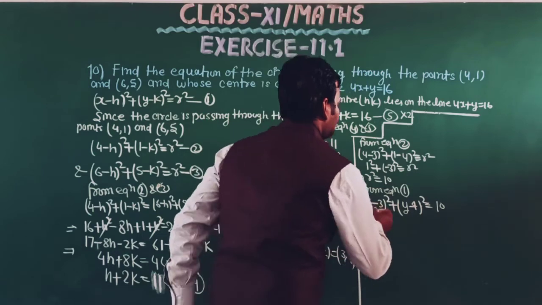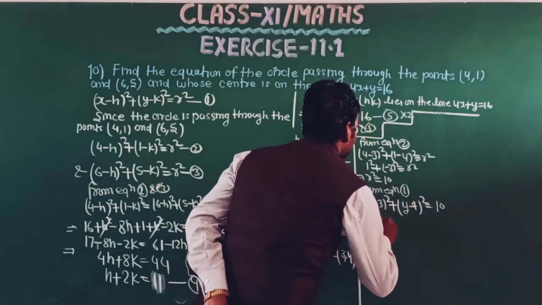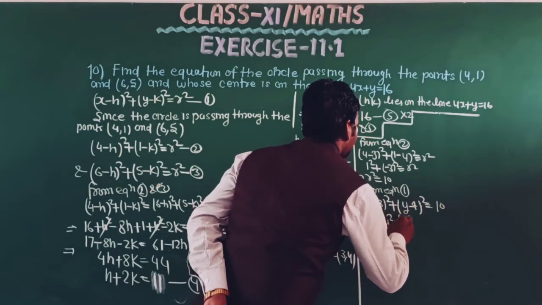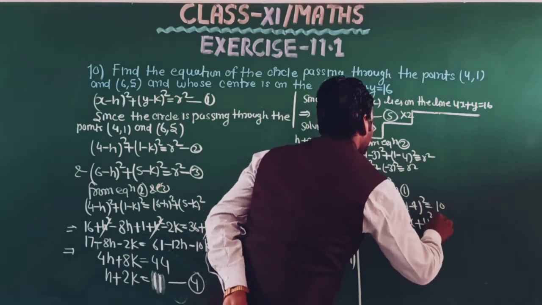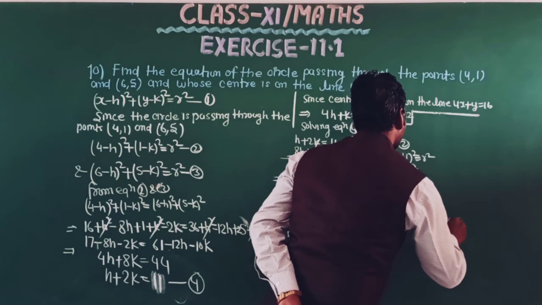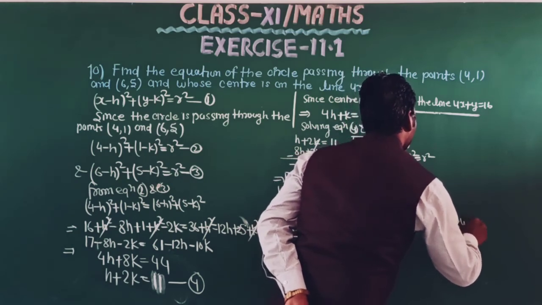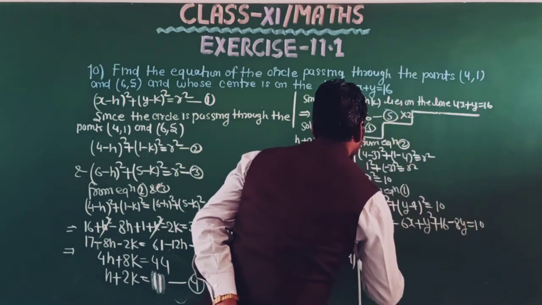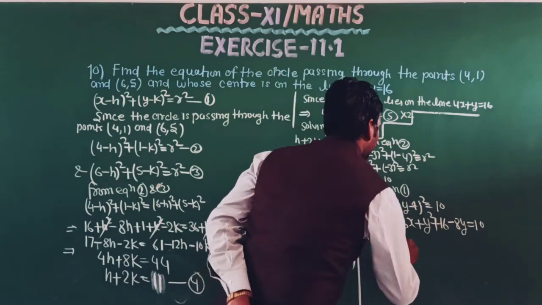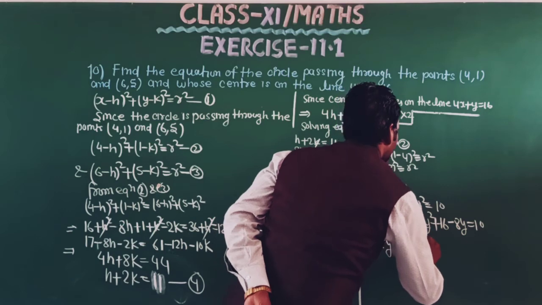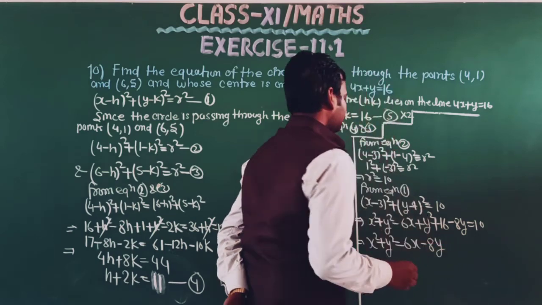Now simplify this. So this is x square plus 9 minus 6x, plus y square plus 16 minus 8y, equal to 10.